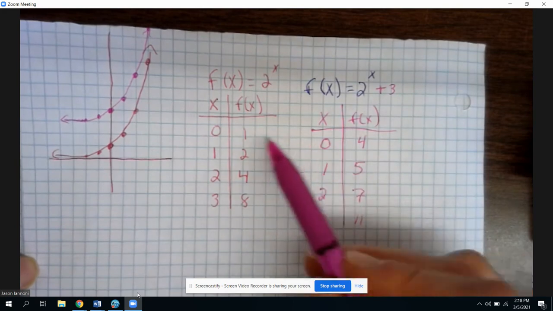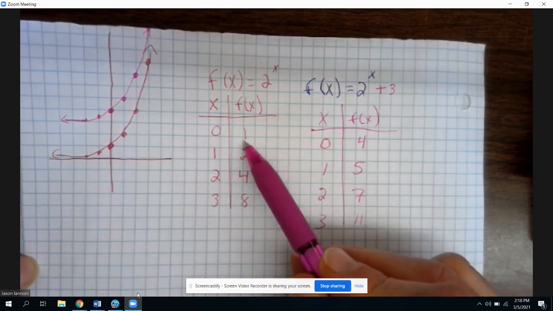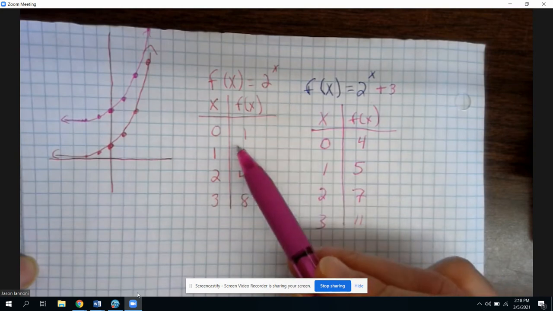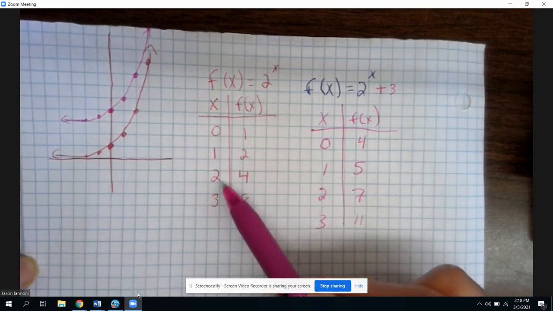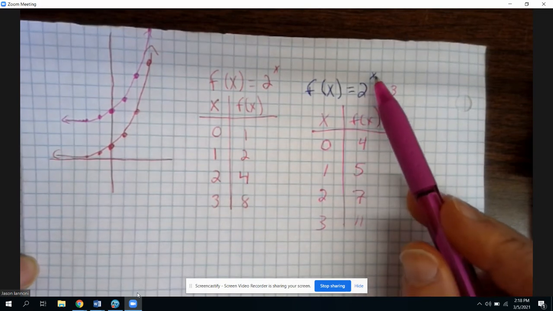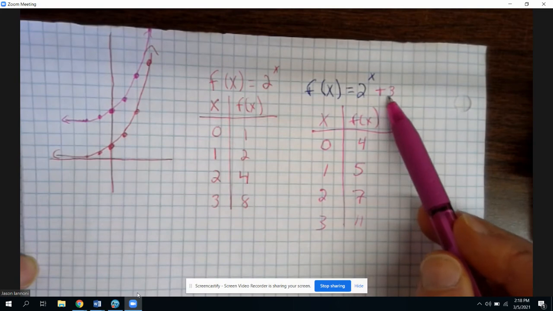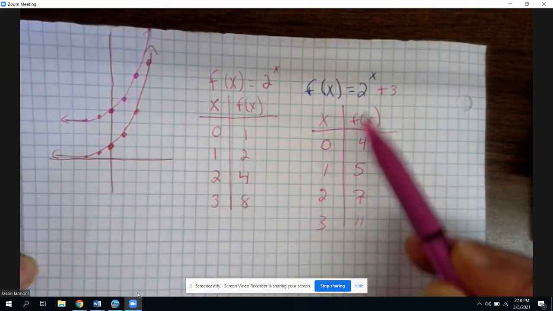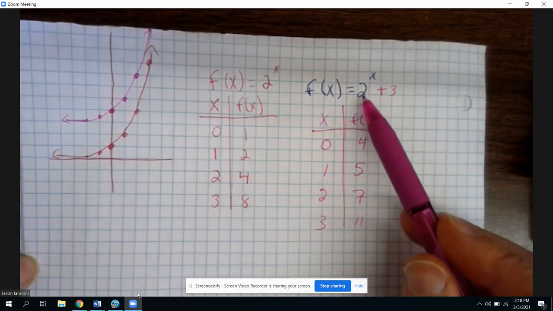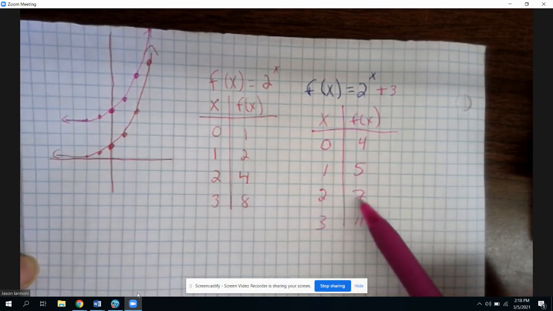When we plug in 0 before, f of x equals 1, because 2 to the 0 equals 1, 2 to the 1 equals 2, 2 to the 2 equals 4. Now 2 to the 0 power equals 1, but now we're adding 3 to it. So 1 plus 3 equals 4. 2 to the 1 power equals 2, and 2 plus 3 equals 5. 2 to the second is 4, 4 plus 3 equals 7.